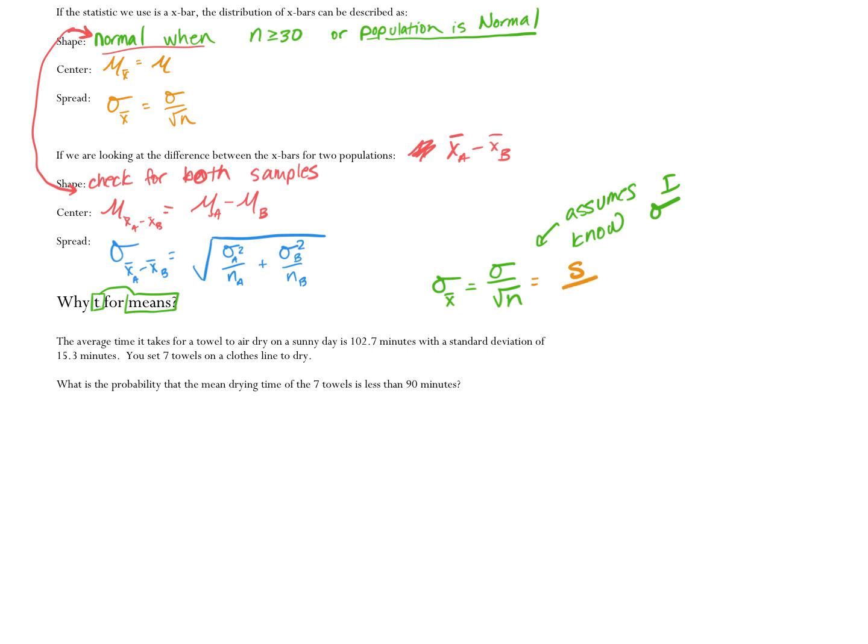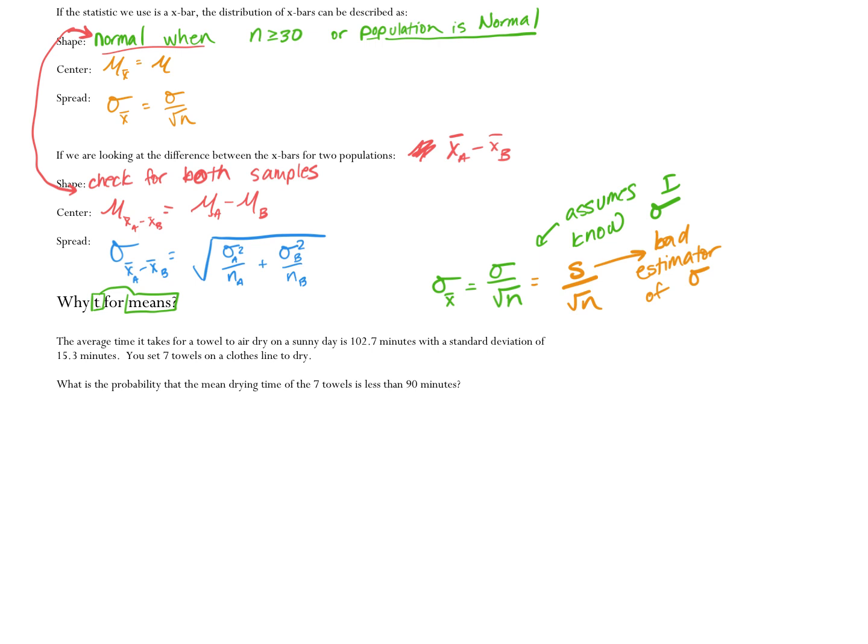So when we get into that Unit 6 and Unit 7 review, now all of a sudden I'm using S in place of sigma. And S is a bad estimator of sigma. It's not as reliable. So we don't have a choice as to whether or not we can use it, okay? Because it's all we have.